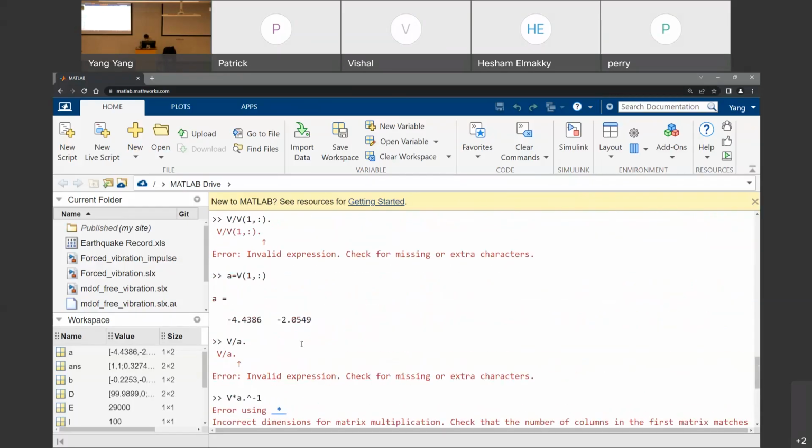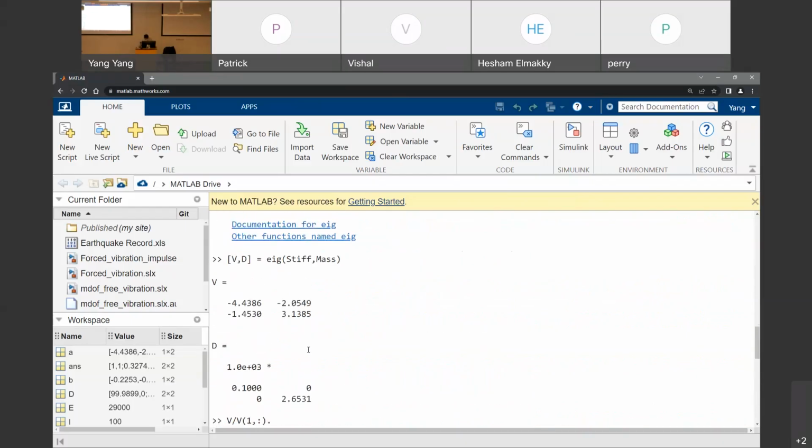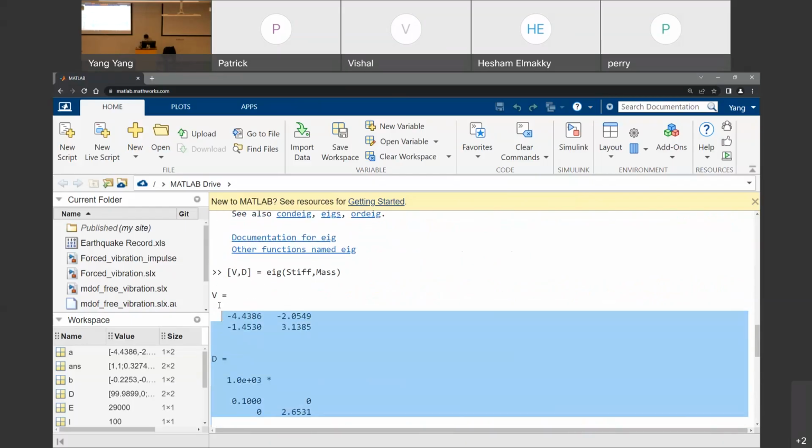So now, back to the result here. This is the result given by MATLAB. Please keep in mind that mode shapes are only numbers that show us the ratios between the displacements of the two masses.